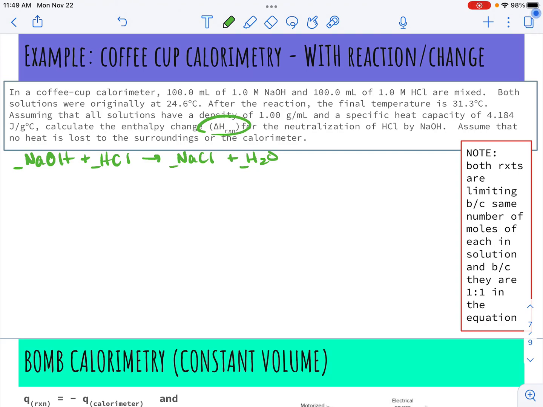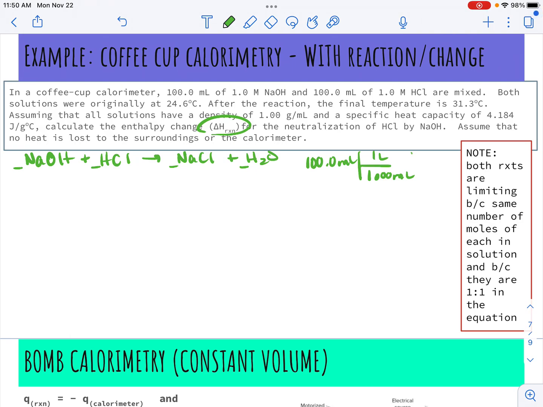moles. Right now, I don't need to know the number of moles, but I'm going to find it because later, to find the heat of reaction, I need my heat to match 1 mole of either sodium hydroxide or hydrochloric acid. So I'm going to go ahead and do 100 milliliters, so that's going to be 1,000 milliliters in 1 liter.